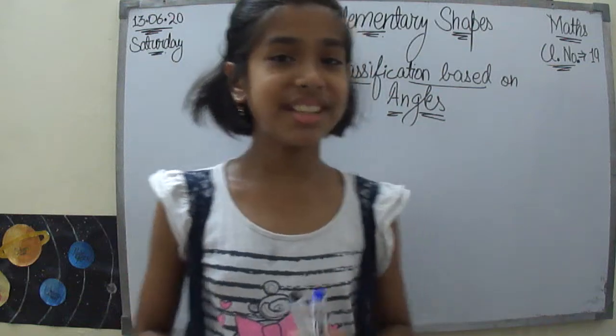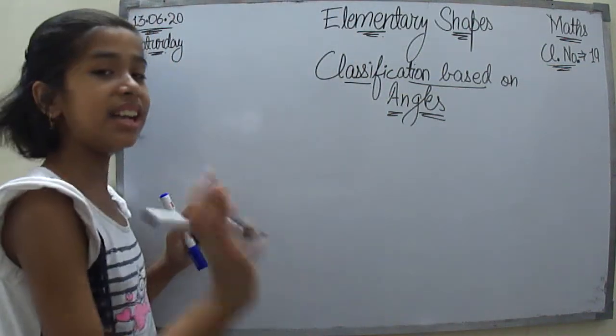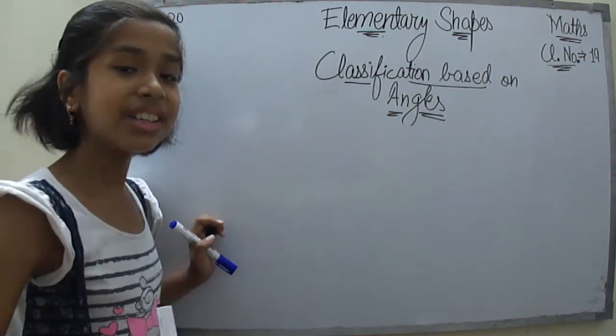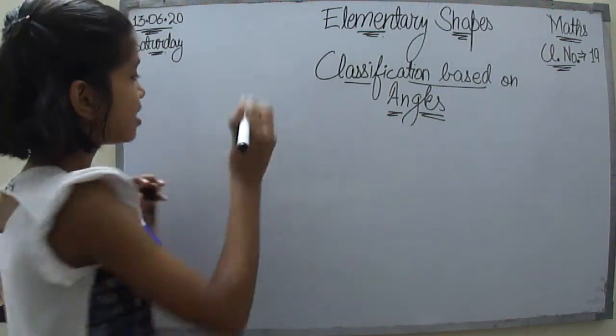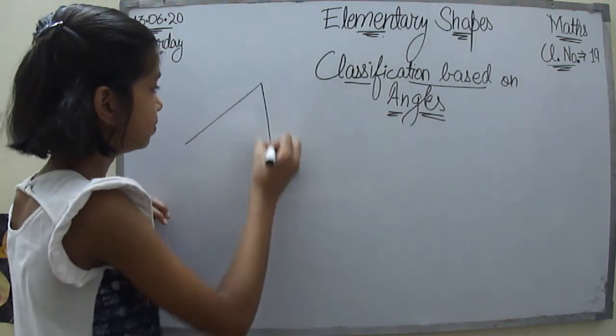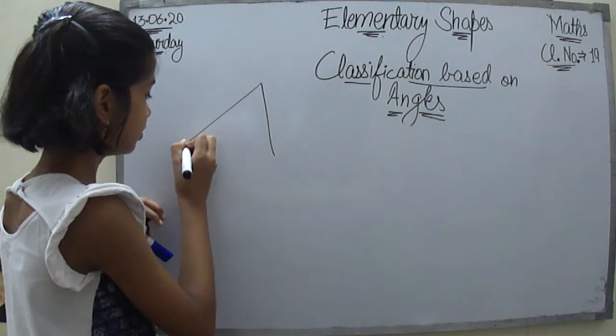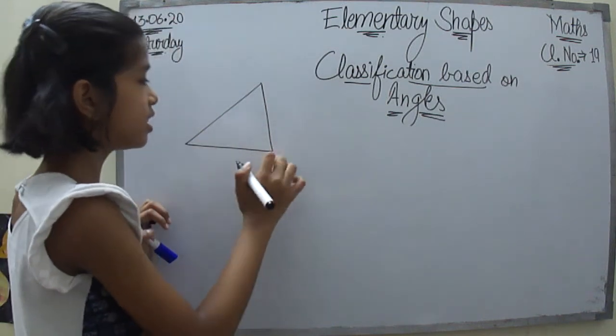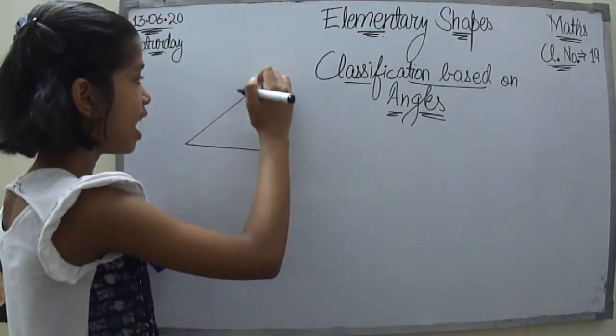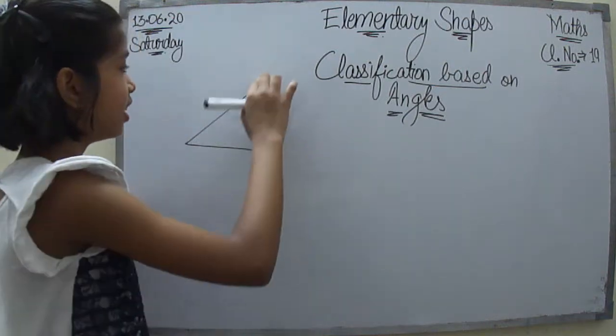Now let's write that down. When a triangle has acute angles, let's draw that out over here. So this triangle has acute angles all the way.